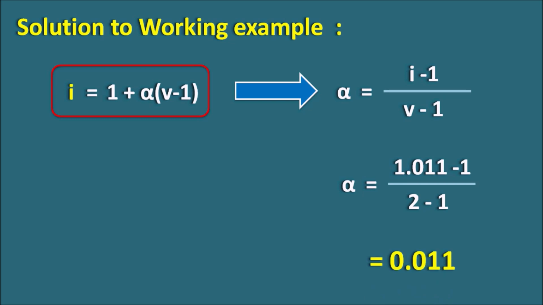So the degree of dissociation of acetic acid is 0.011, which means it undergoes around 1.1% dissociation. That's why acetic acid is called a weak electrolyte. Strong electrolytes will have a higher degree of dissociation, up to 80%, but weak electrolytes like acetic acid will have a low degree of dissociation, so they show around 1.1% dissociation.